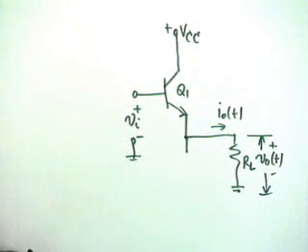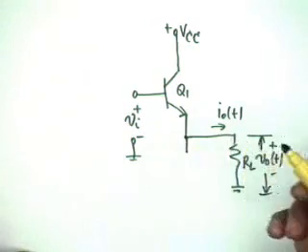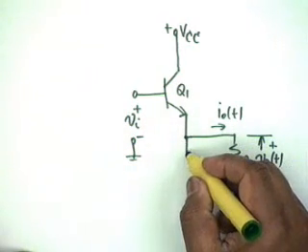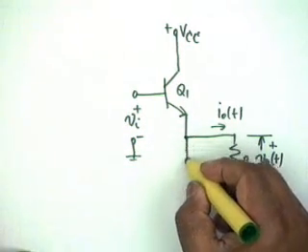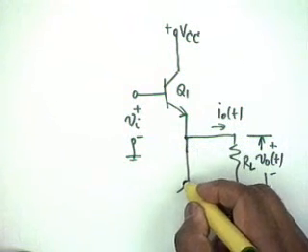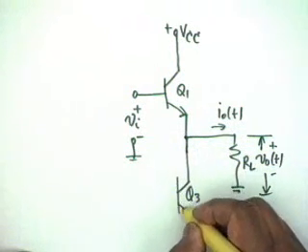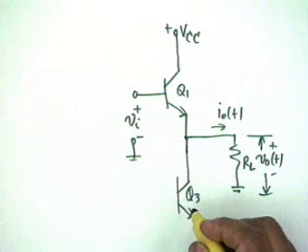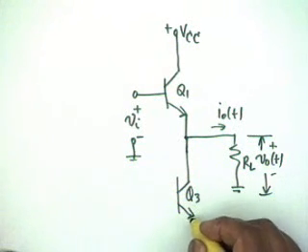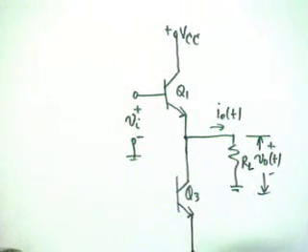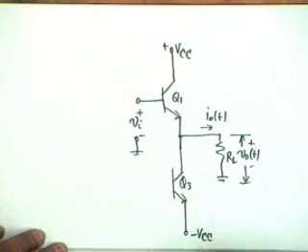In order to bias the transistor, we use another transistor in the current mirror mode, that is, we use a Q3, whose emitter goes to minus VCC.